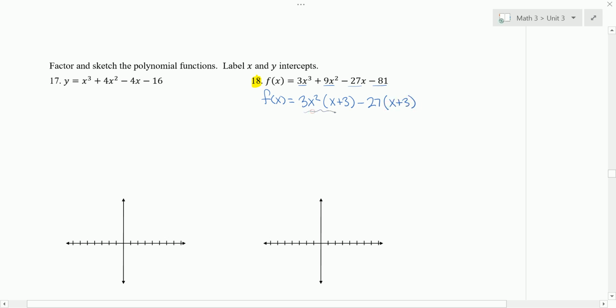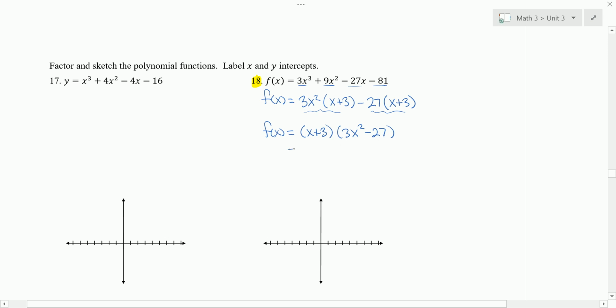Then you divide each of these pieces by x plus 3, and you get f of x equals x plus 3 times 3x squared minus 27. That 3x squared minus 27, you can divide both of those by 3.